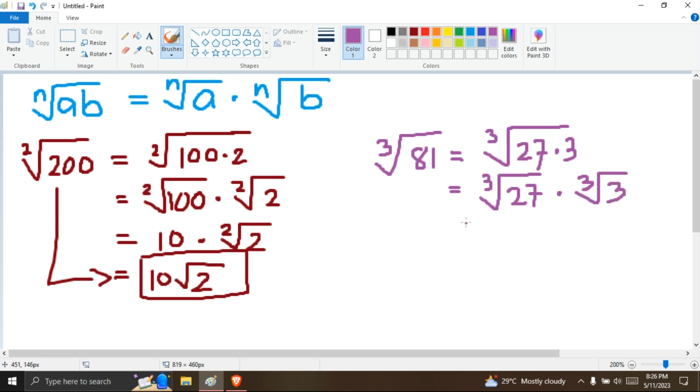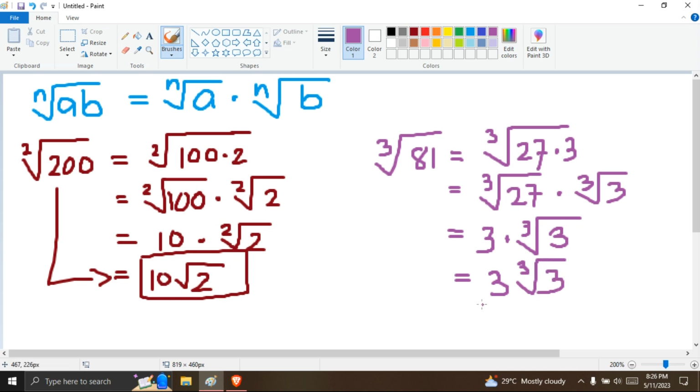So the cube root of 27 is 3, times the cube root of 3. Same as in the first example, place the 3 beside the cube root of 3. So the answer is 3 the cube root of 3.